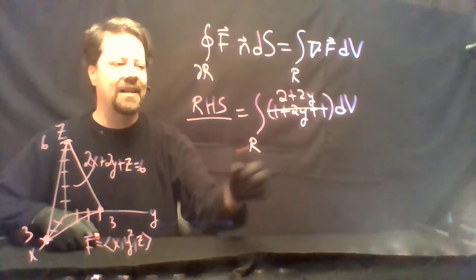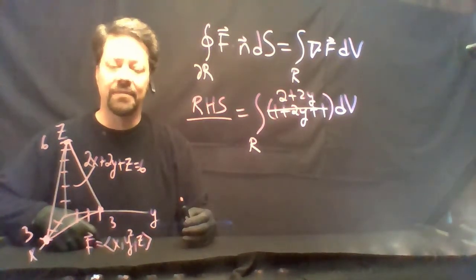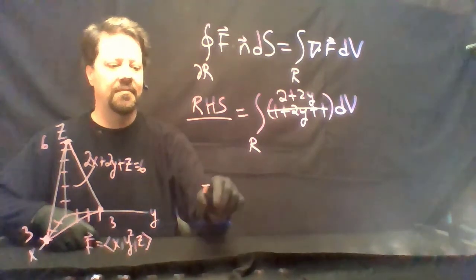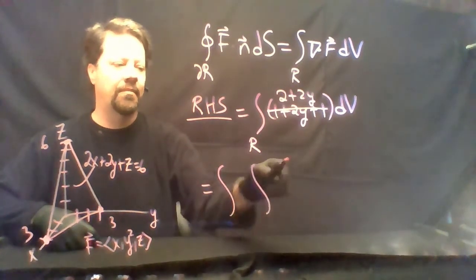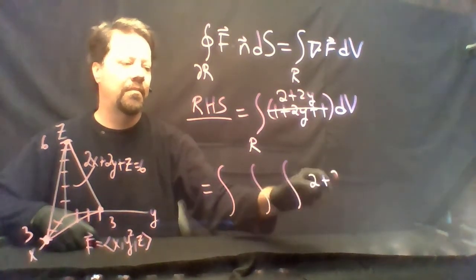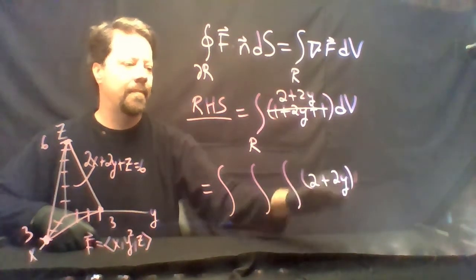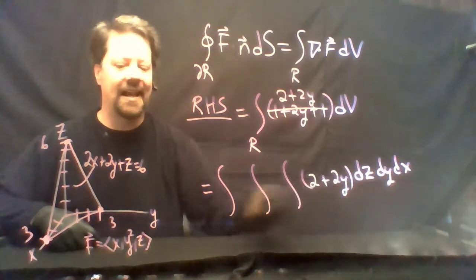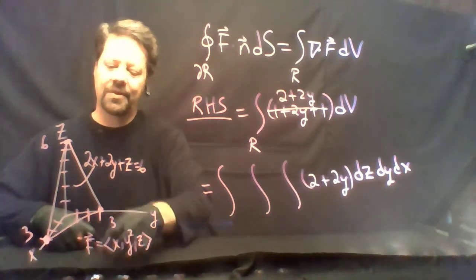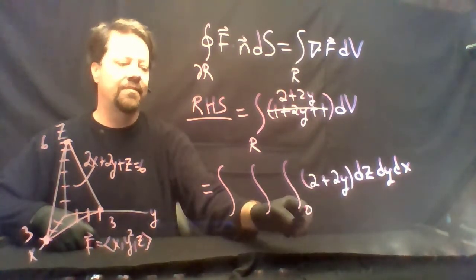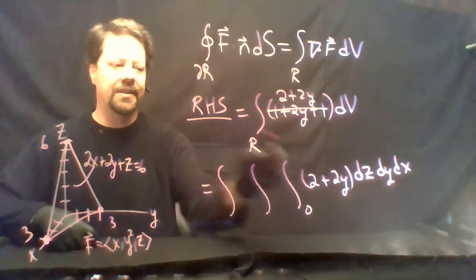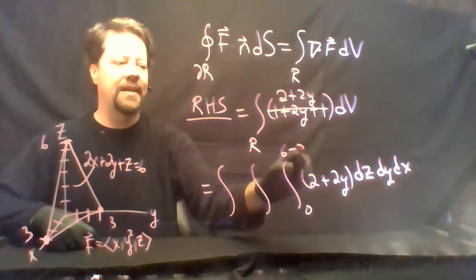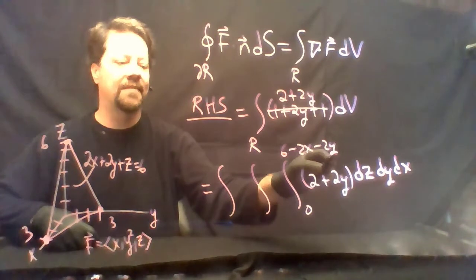We'll now set up the triple integral using Fubini's theorem: dz, dy, dx. The lower surface is given by z equals 0. The upper surface is given by z equals 6 minus 2x minus 2y.